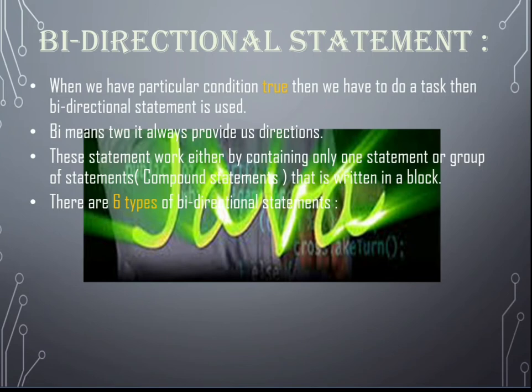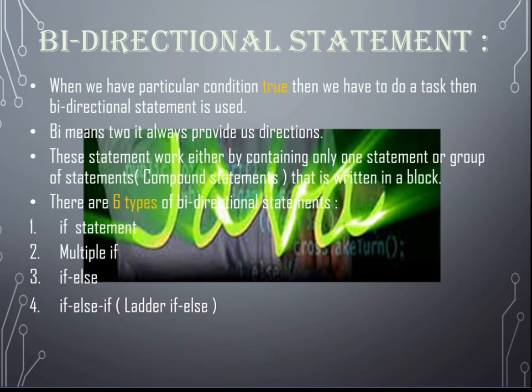Then we have 6 different conditional statements. Number 1 is the if statement, simple if. Then we have multiple if, means if for more than 2 or 3 times. Then we have if else.